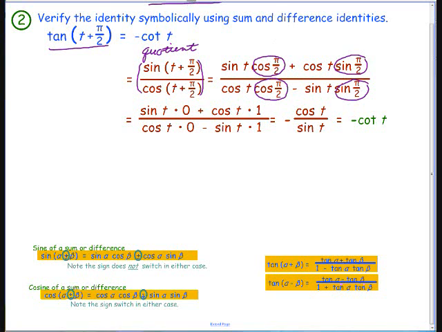Now we will not have a value for this one, this one, this one, or this one, because we don't know what angle that is. That represents a variable and we don't have any value for it right now.